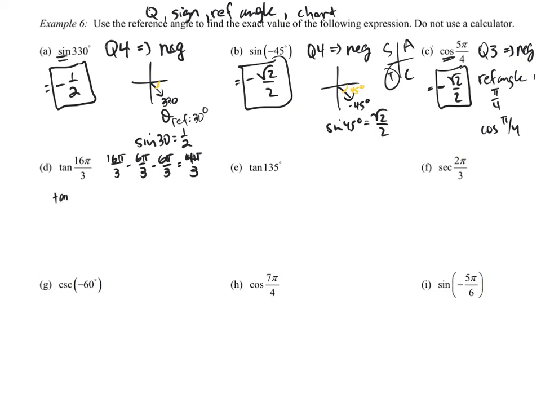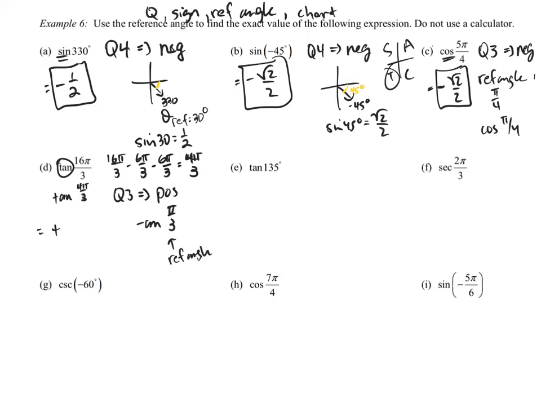So I'm going to rewrite this problem as tangent of 4 pi over 3. Now, 4 pi over 3, that's the same as 1 1/3 pi, so that's going to put me in quadrant 3. And I know that in quadrant 3, tangent is positive. So my answer here is going to be positive whatever the tangent of pi over 3 is, because pi over 3 is the reference angle.